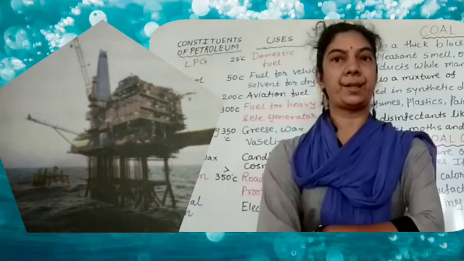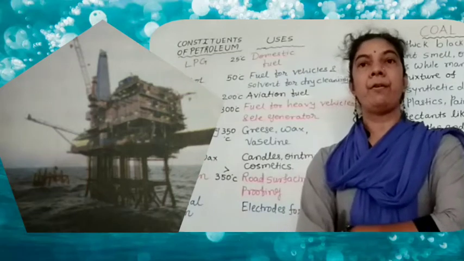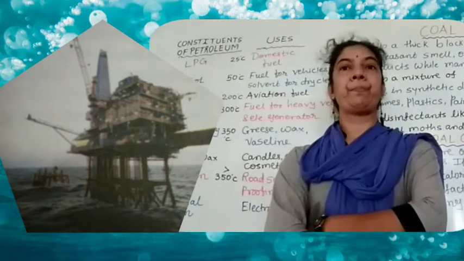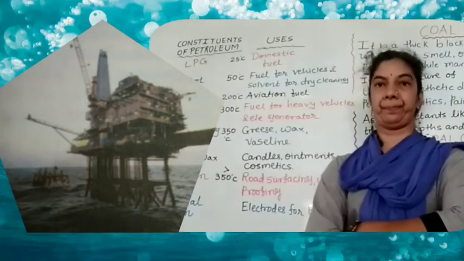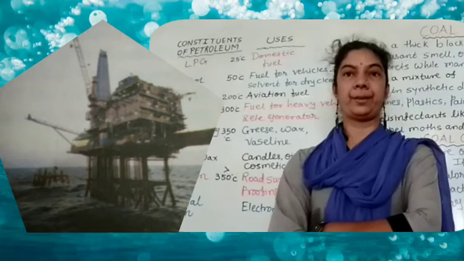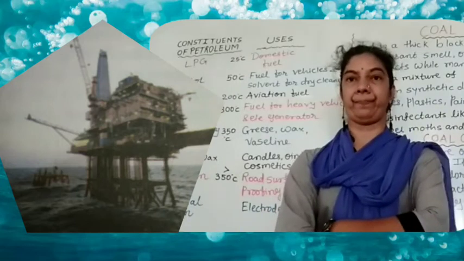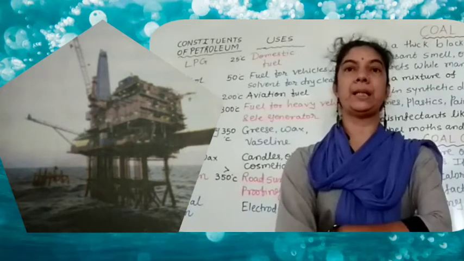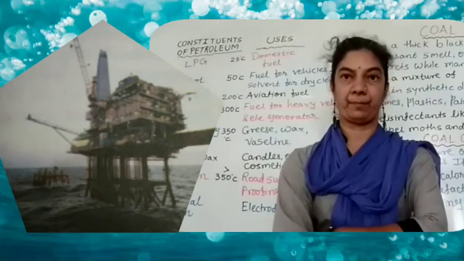The very first oil well was found in the USA in the year 1859, and after that in the year 1867 the first oil well was established at Assam in India.